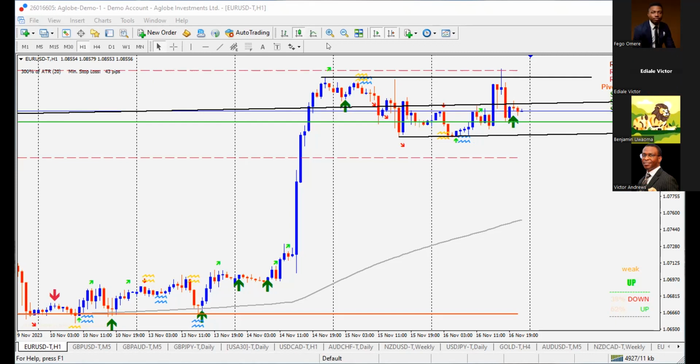and maximize it. Somebody asked a question: must it be the same lot size every time? That is where position sizing comes in. If you have said you're going to be risking, for instance, 5%, and you started with an initial account balance of, for instance, $5,000, that is $250 per trade.